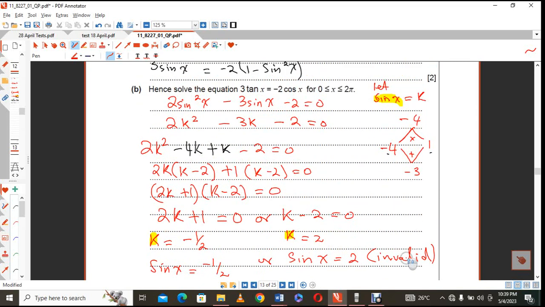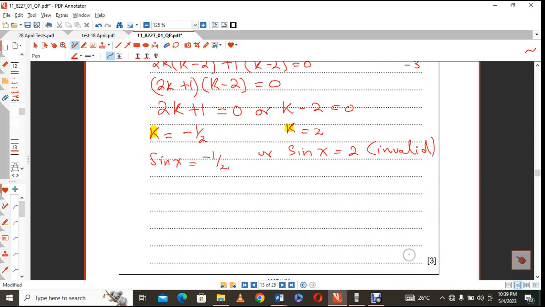Right, so we know our domain is from 0 to 2 pi radians. If you quickly have to do the CAST diagram, we know that sine is positive in the first as well as in the second quadrant. So we're going to find our acute basic angle. I'm going to call it beta.